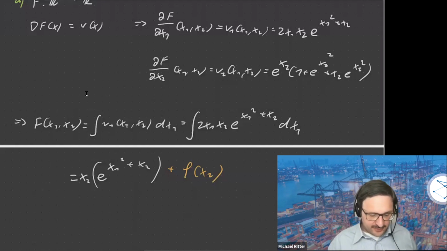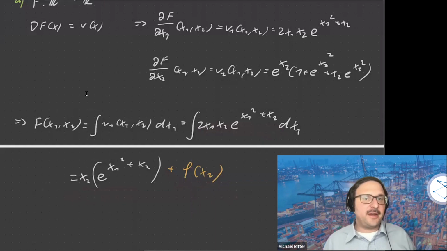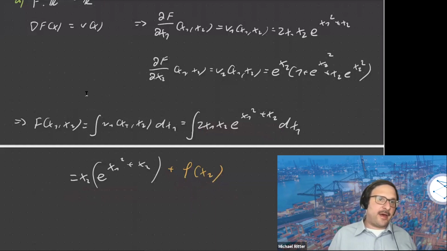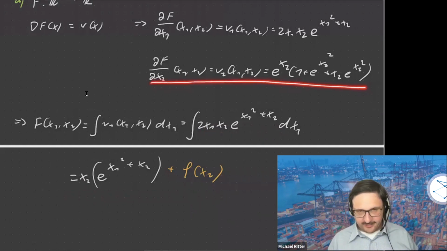If we differentiate this expression, then this first part yields this expression that we actually want, and this part here will vanish if we differentiate with respect to x1. So there could still be a function depending only on x2. And how that would look is what we get if we compare with this part here.